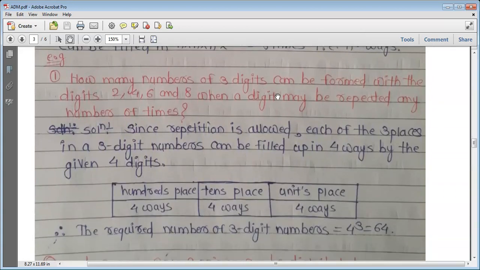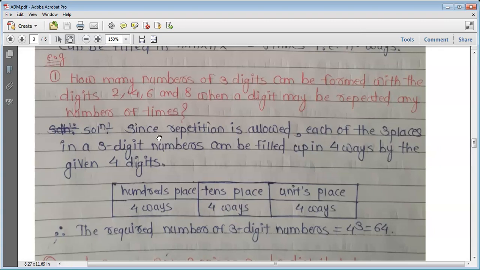How many three-digit numbers can be formed with the digits 2, 4, 6, and 8 when a digit may be repeated any number of times? Here we have to find the number of three-digit numbers which can be formed by using these four digits 2, 4, 6, and 8, and we can take any digit any number of times. As there are three digits, the first digit has four possibilities, the second digit also has four possibilities, and the third digit also has four possibilities.